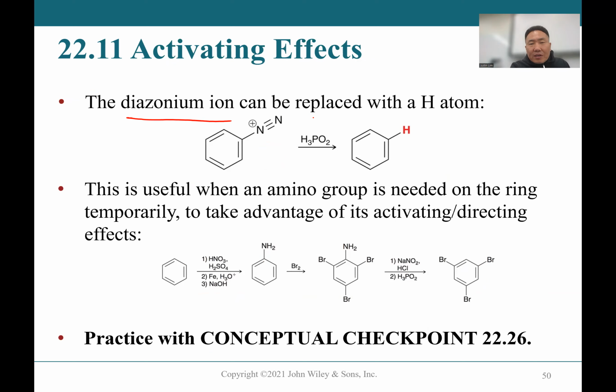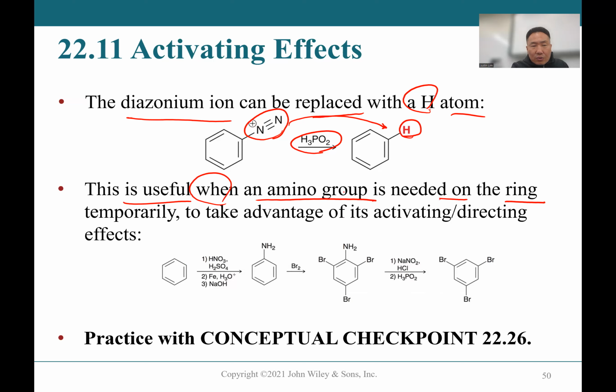The diazonium ion can be replaced with a hydrogen atom. Diazonium ion to hydrogen when you use H3PO2. This is useful when the amino group is needed on the ring temporarily to take advantage of its activating and directing effect.